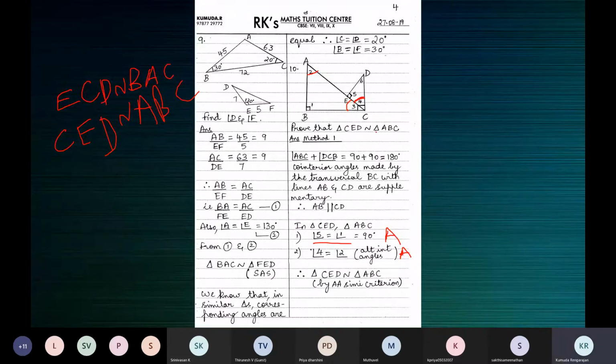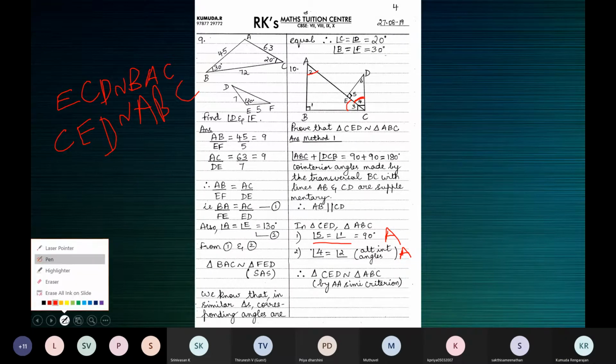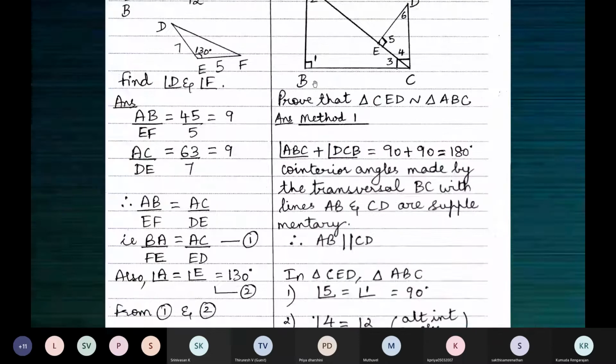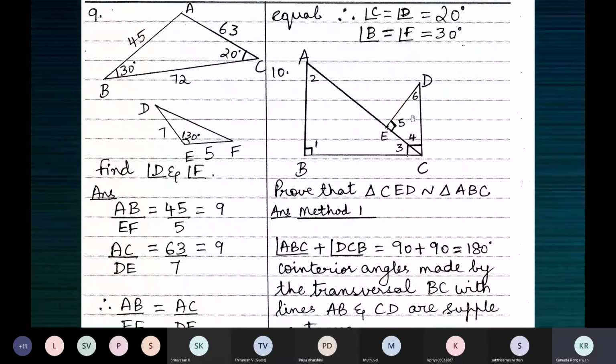In the alternate approach, what we do is, now tell me, look at the small triangle.